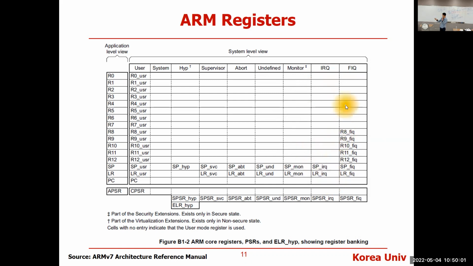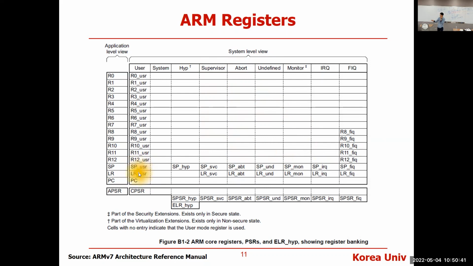In FIQ mode, you have a physically separate stack pointer and link register, R13 and R14. And especially in FIQ, not only R13 and R14 but also R8 to R12, 5 additional physically separate registers dedicated only for FIQ. So almost every privileged mode has its own R13 and R14. Abort mode is separate, undefined is separate.